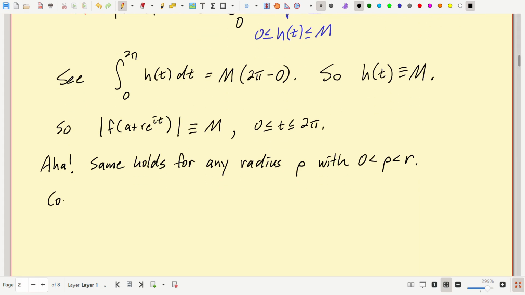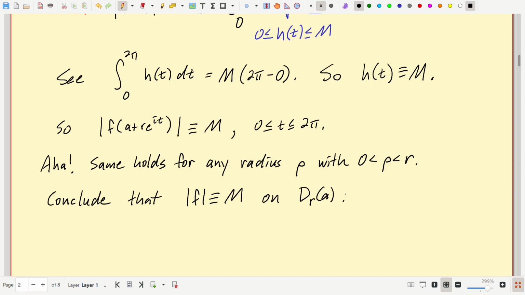So we conclude that the modulus of f is identically equal to M on the whole disk.